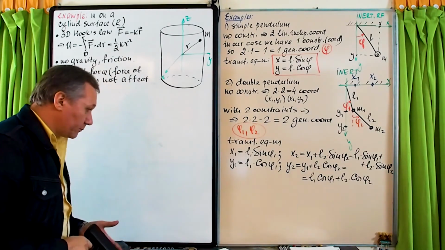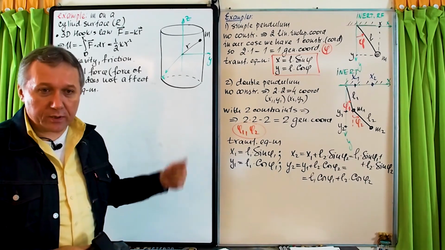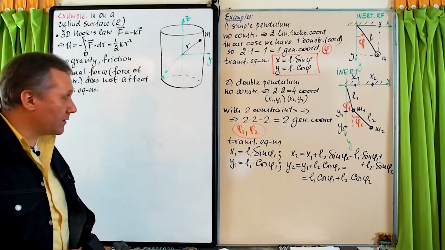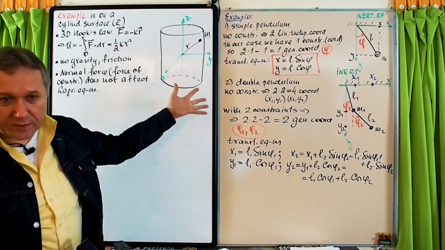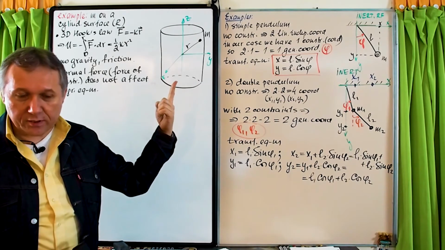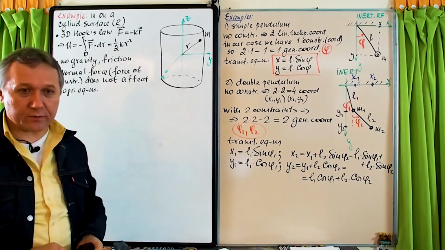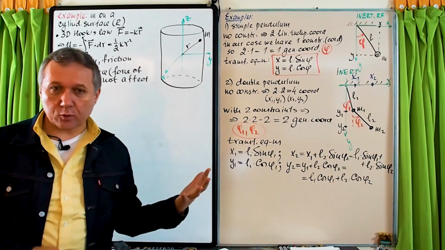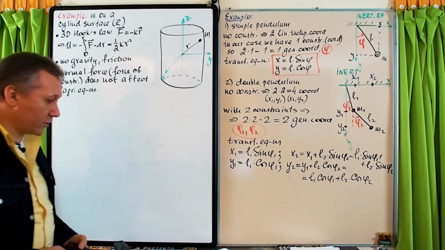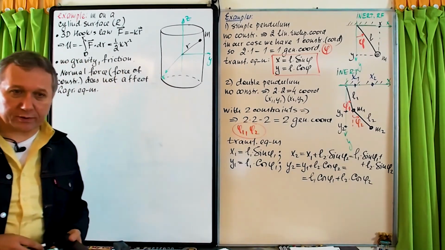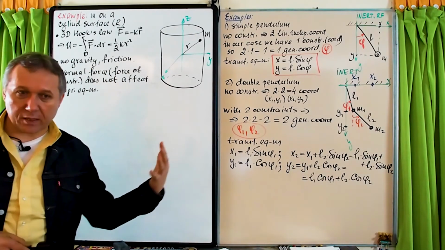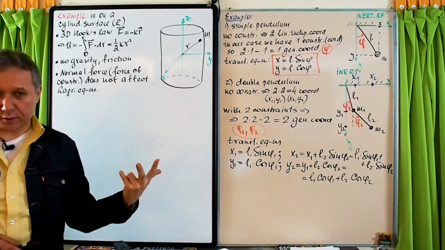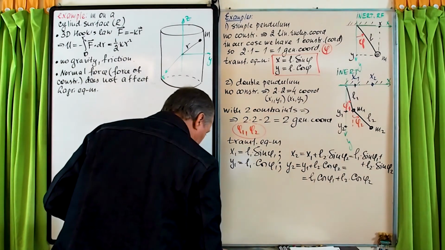Okay, so now we have to make a decision about which generalized coordinates to use, and let's run the same analysis. So we have three-dimensional space, one point in three-dimensional space. So without constraints, of course, we will need three linearly independent coordinates. But we do have one constraint, and it means that with 3 minus 1 constraint, we will need two generalized coordinates. Okay, let me write something about this.